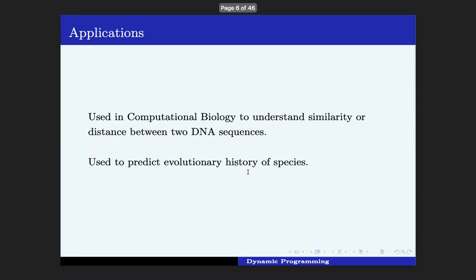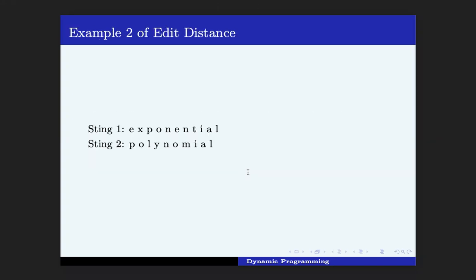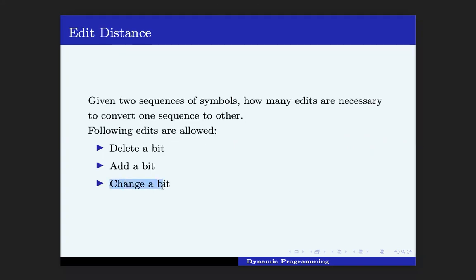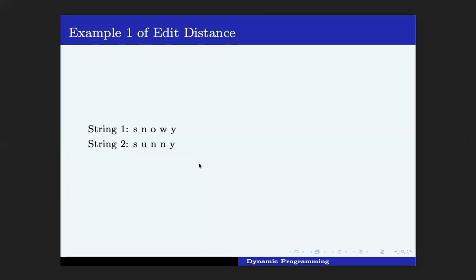It's not just 3 times. It's more than 3 times in some sense, because if the number of symbols is k, then there are k possibilities. I can delete or add or change to one of the other things.